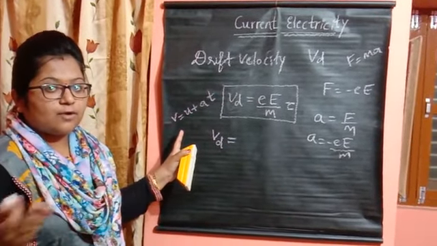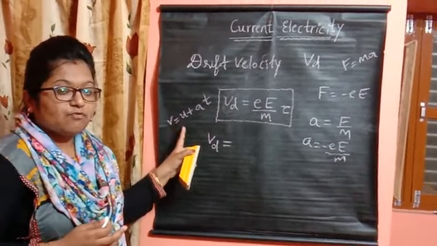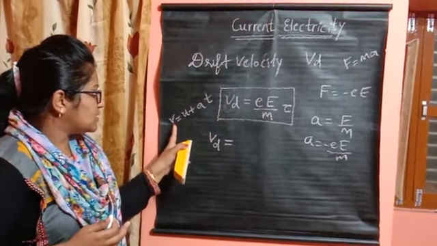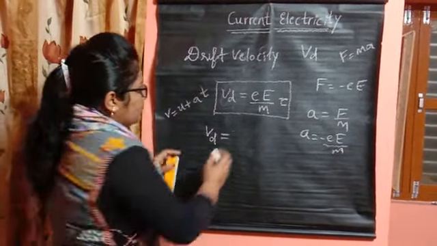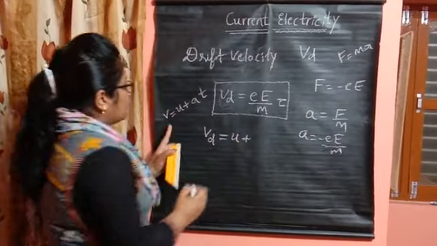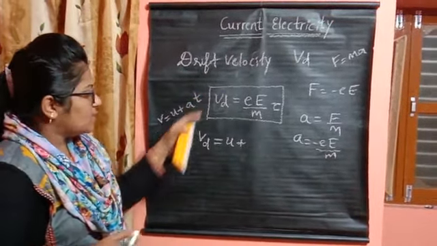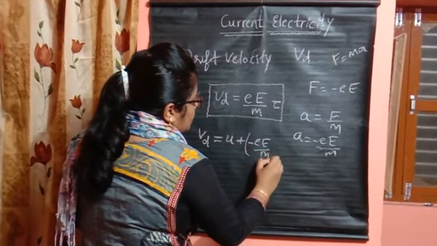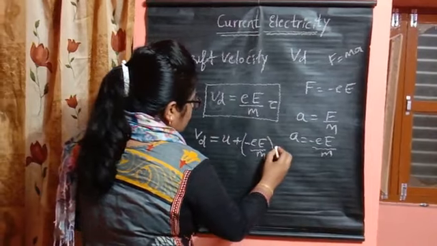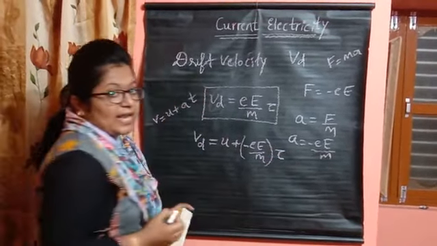We have two more equations of motion also, but here we are using the first equation of motion, v equal to u plus at. Instead of v, I am using Vd, because we have drift velocity. For a we have minus eE divided by m, and instead of t we have tau, the relaxation time.